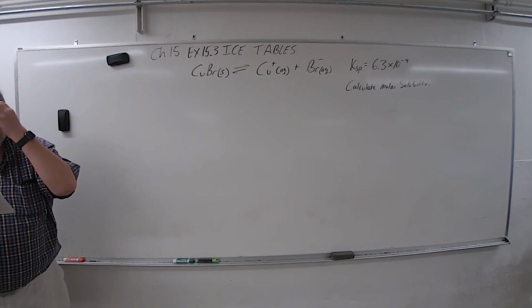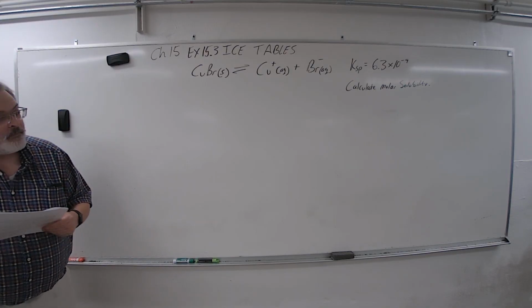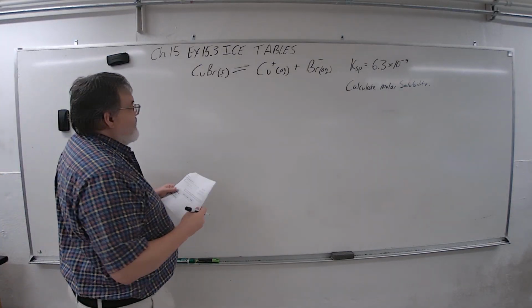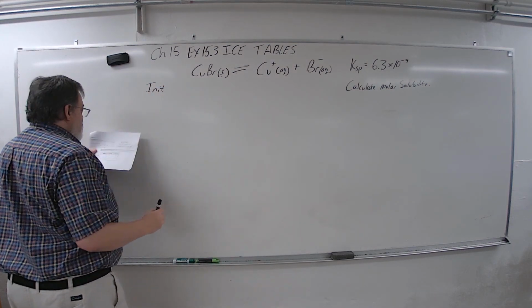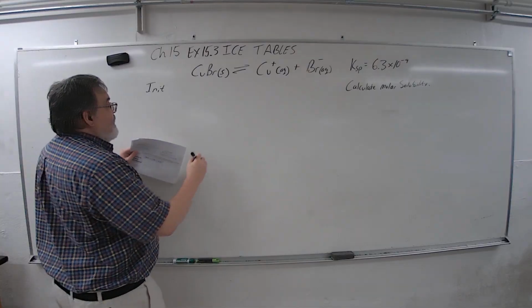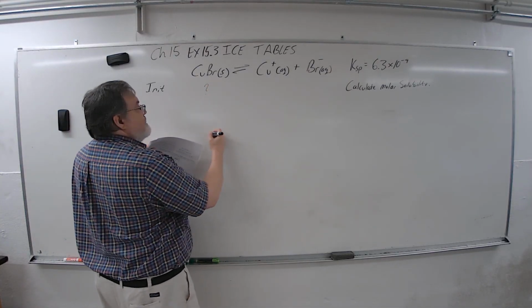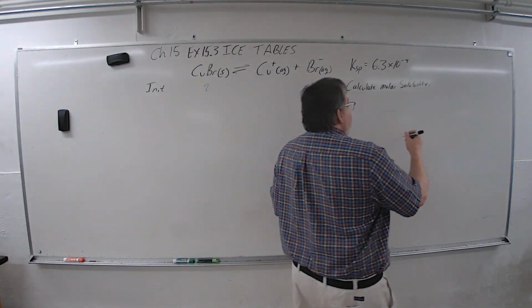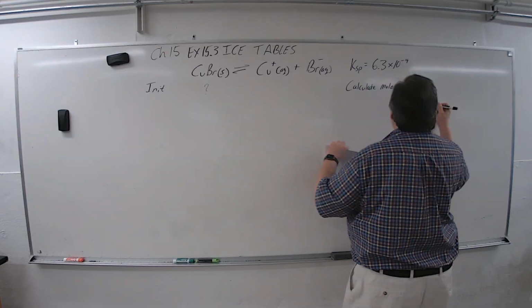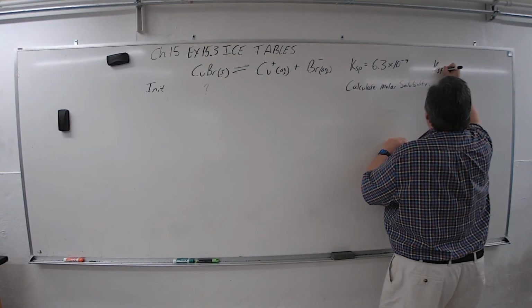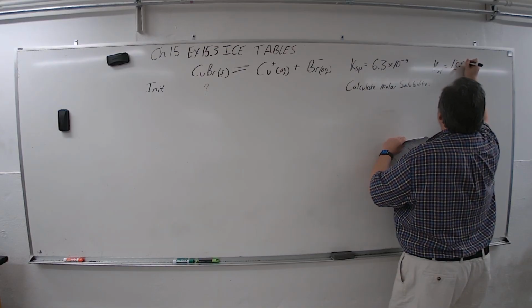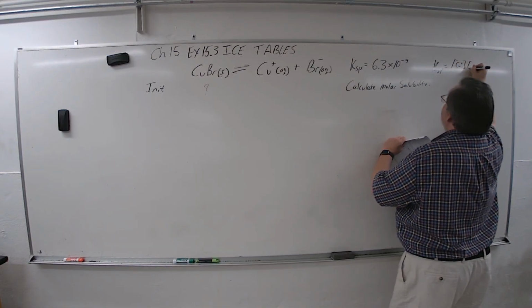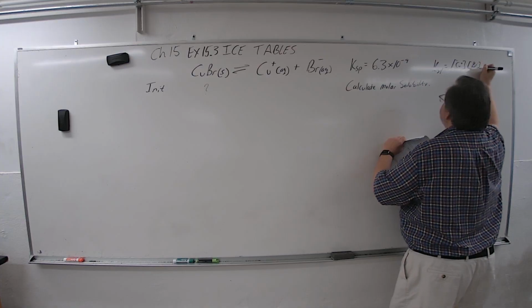So we're going to start this the same way we did before. I'm going to do an ice table, and I'm going to go initial values. Some amount of this goes in there, but since the Ksp doesn't involve that, since it's a solid, it only means Cu plus and Br minus.